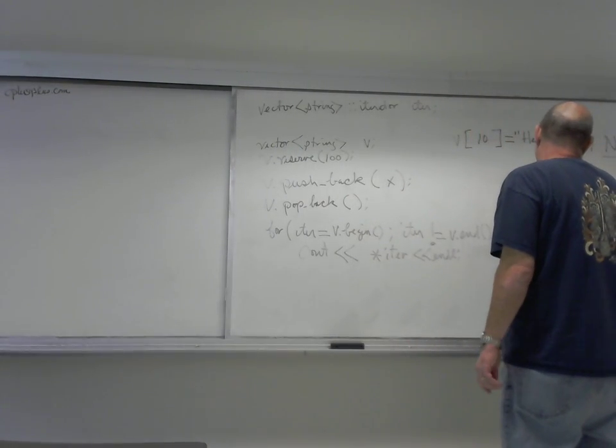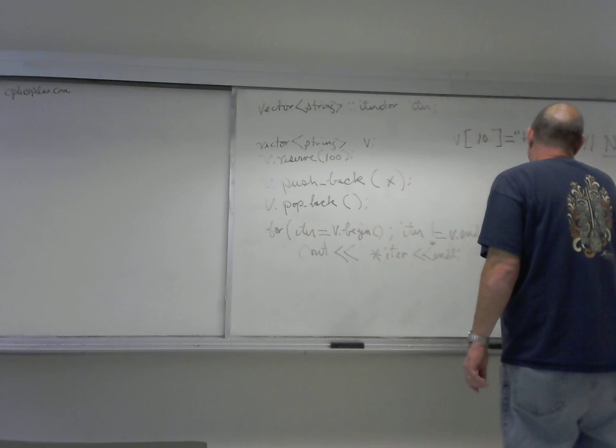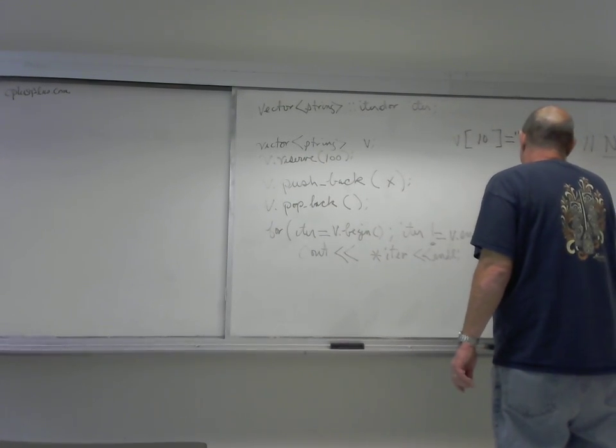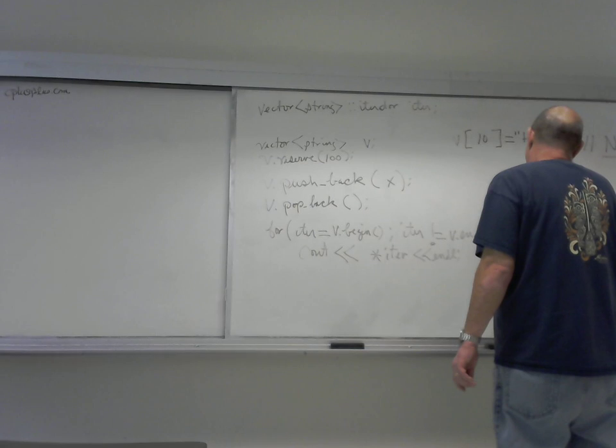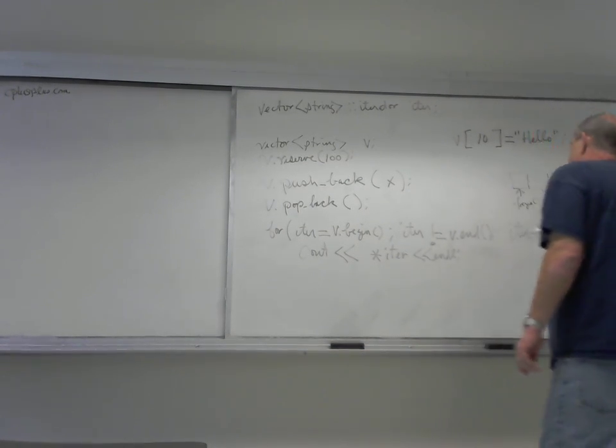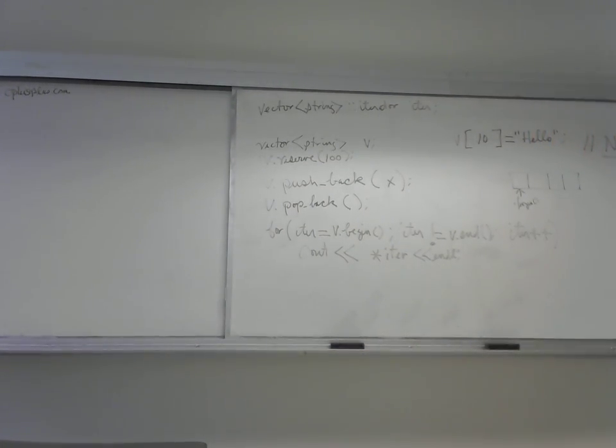Vectors always occupy contiguous memory, as I have said. Dot begin returns a pointer to the first element. Dot end returns a pointer to the slot after the end of the array. It's invalid. You cannot dereference it.